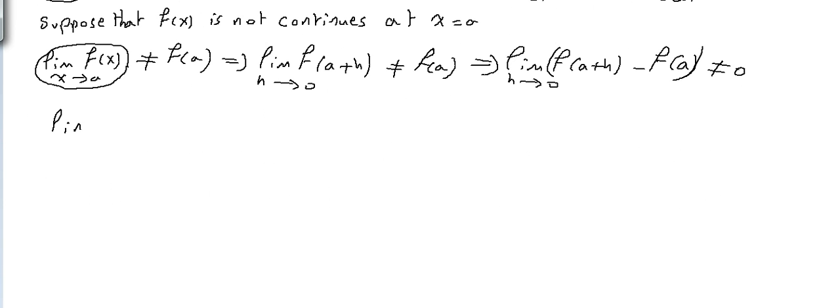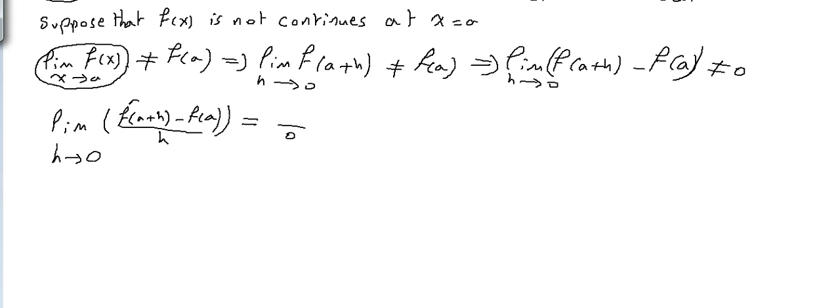Let's see. The limit of f of a plus h minus f of a over h as h tends to 0 is equal to what? Since h is 0, the denominator is 0, right?